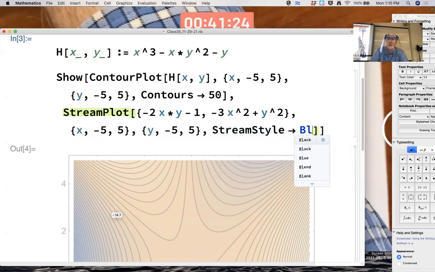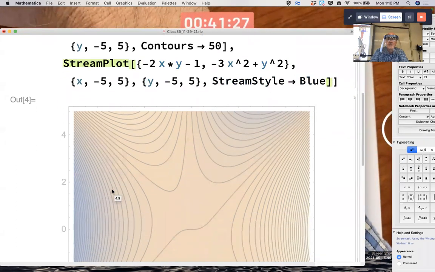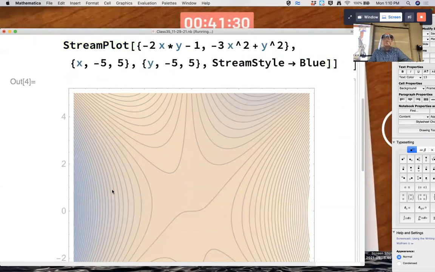I should see, if I have not made a mistake, solutions that lie on top of those curves. Yep.